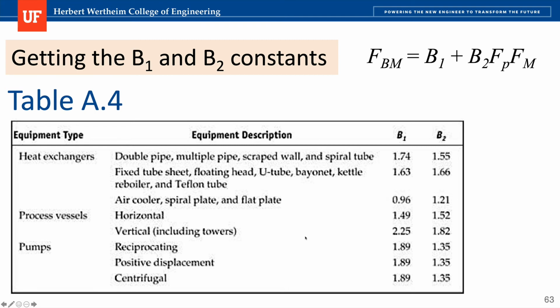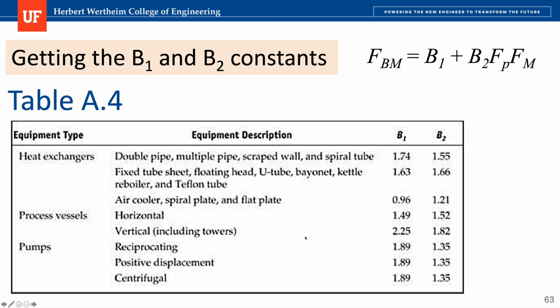So, for example, if we have a double pipe or multi-pipe, we're going to have values of B1 and B2 that are different if we have a fixed tube heat exchanger, a Teflon tube, floating head, or U-tube. So depending on which classification between the heat exchangers, we're going to have a different factor. The same thing, if we have a heat exchanger as an air cooler, spiral plate, or flat plate, notice that the B1 and B2 factors are different.